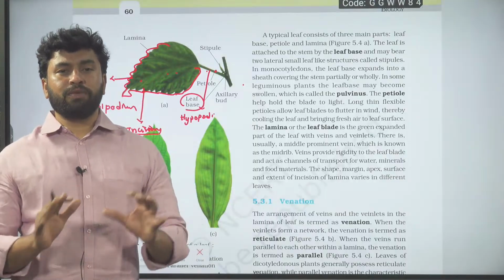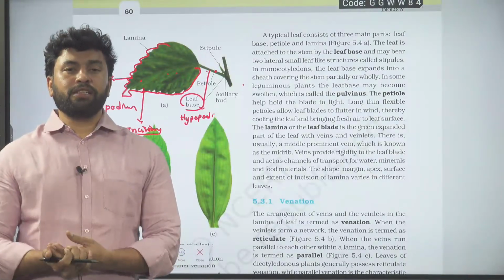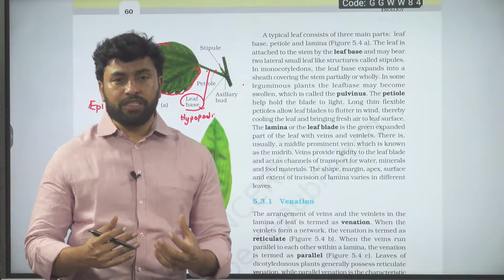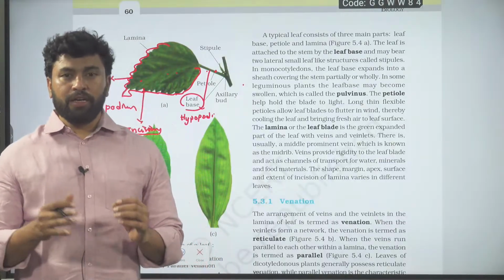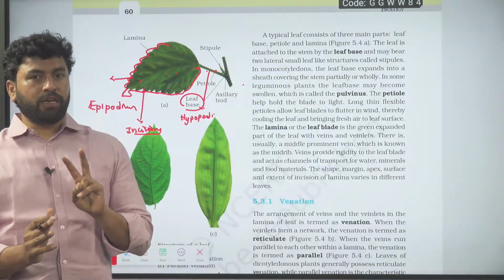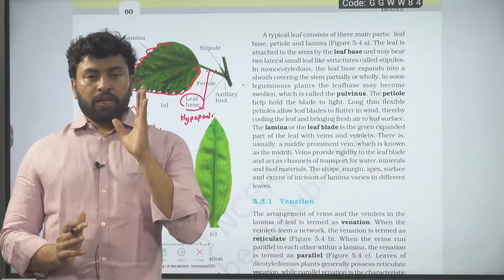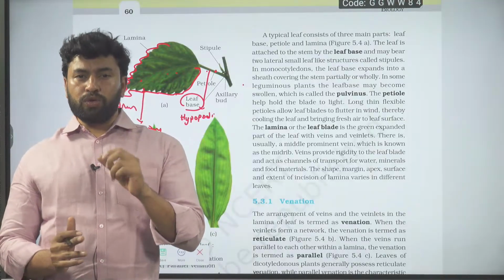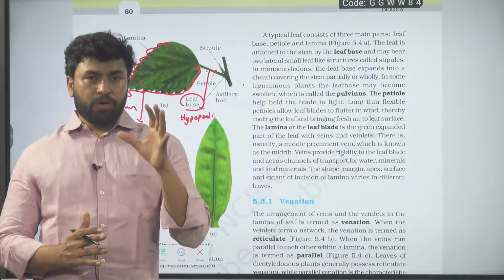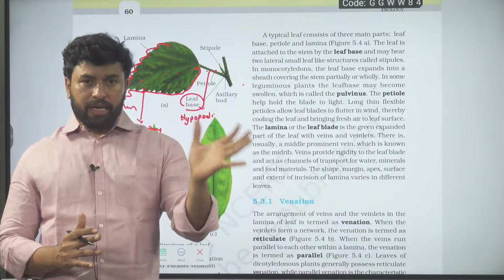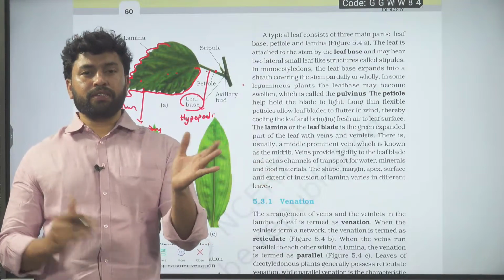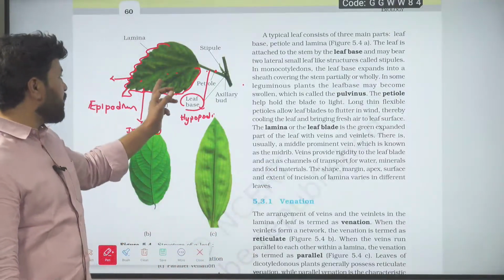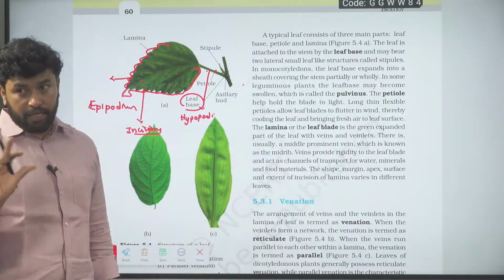Among them, the first one is oxygen. If oxygen accumulates inside the leaf, that is very dangerous for the leaf's survival. That's why during fluttering in the wind, two things happen. One is that due to fluttering, the leaf surface constantly gets cooled, and at the same time, whenever gas is generated, the gases are removed from the surface and fresh gases are taken inside. That is the use of fluttering the leaf lamina.